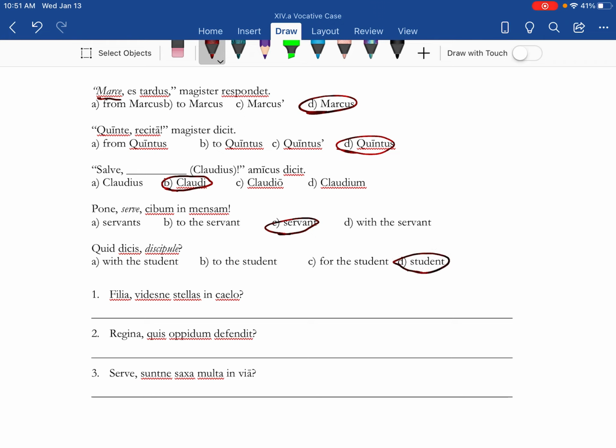Alright, now translating. Filia, so we've got a title sectioned off by commas, so daughter. The ne means it's a question. Vides, do you see the stars in the sky? Regina, queen.